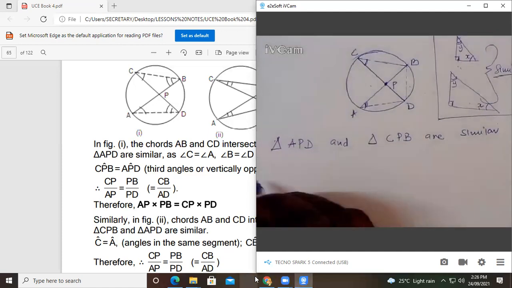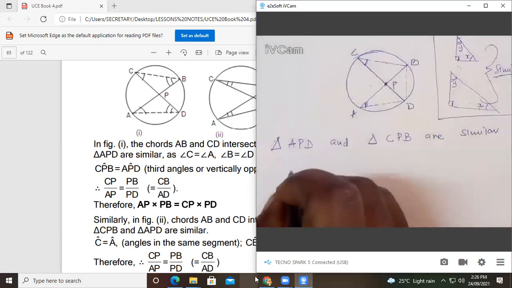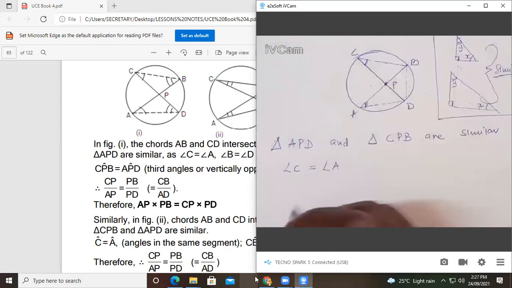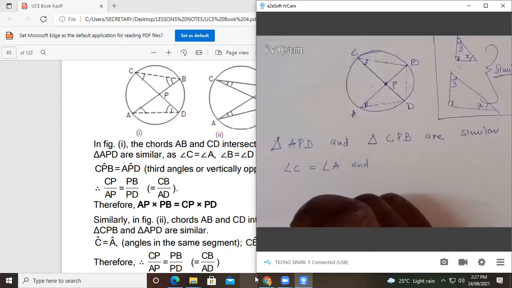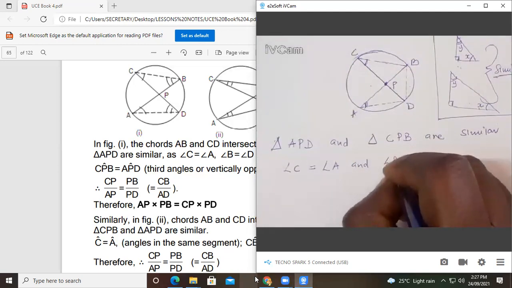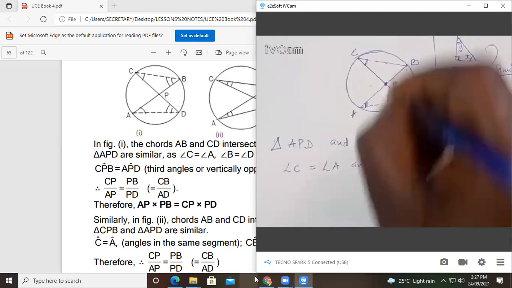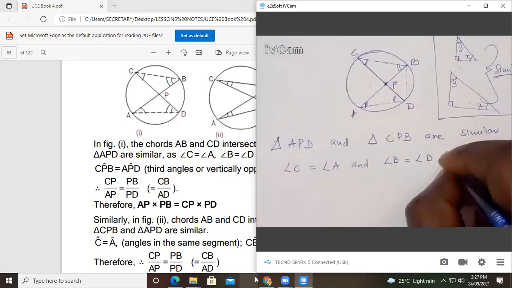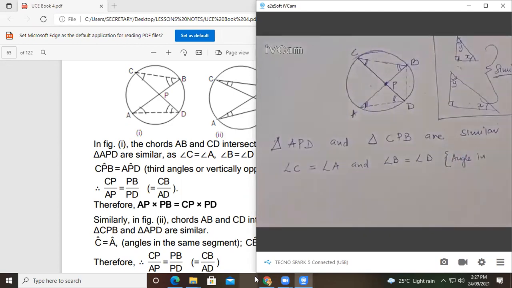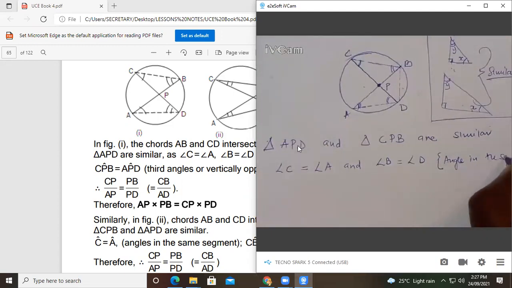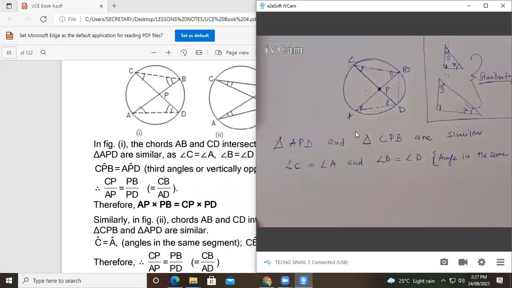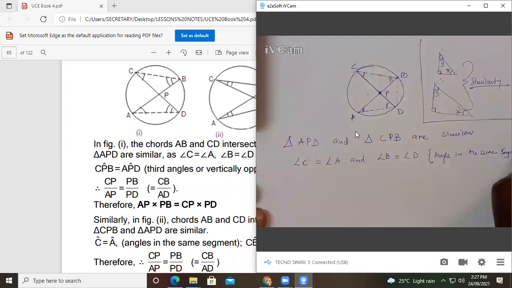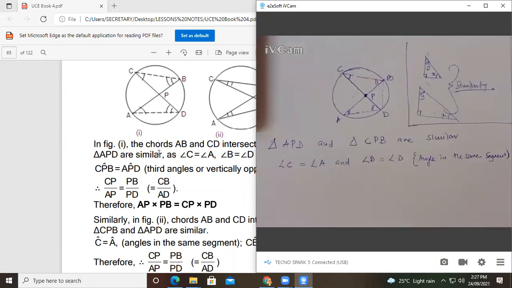Then you can say that angle C is equal to the angle A, and also angle B equals the angle D. I've said that angles in the same segment. So angle B is equal to angle D. That's what they have said now.